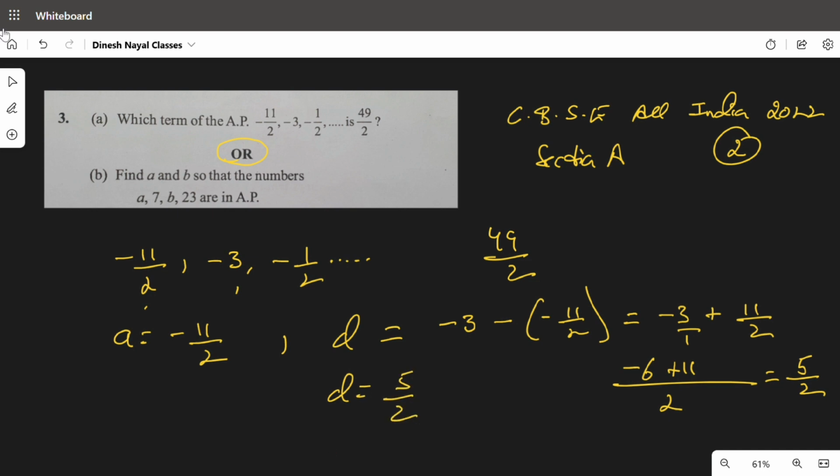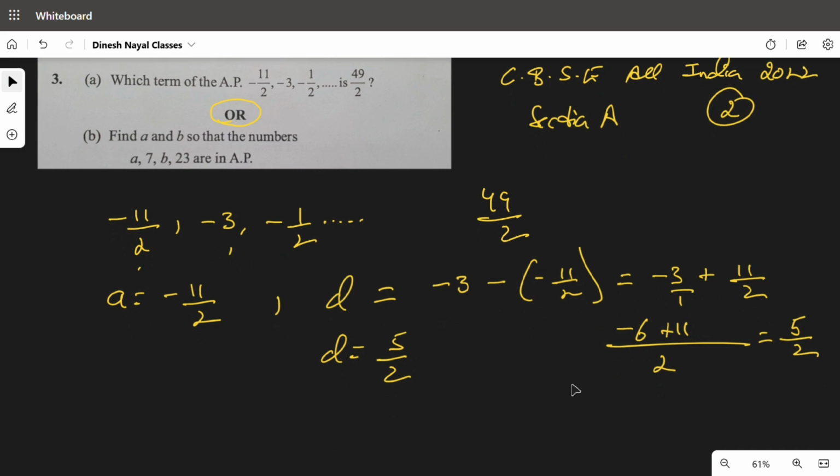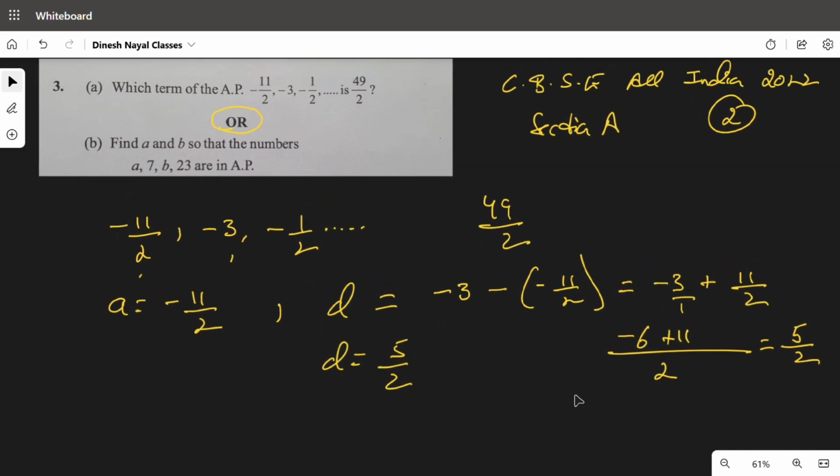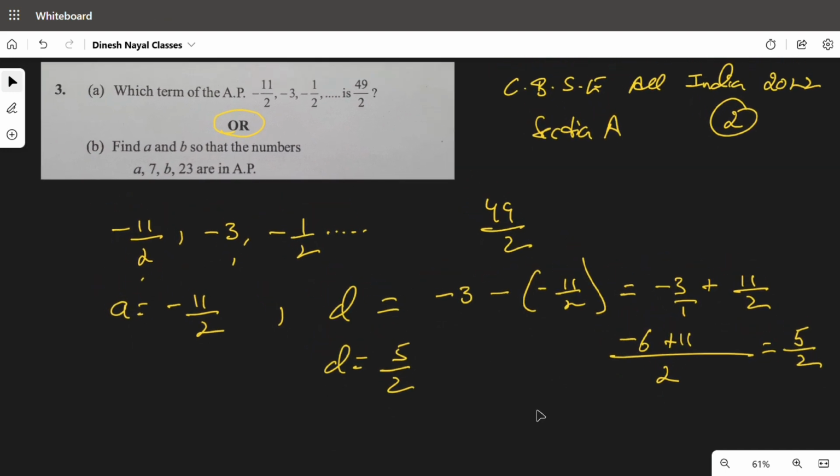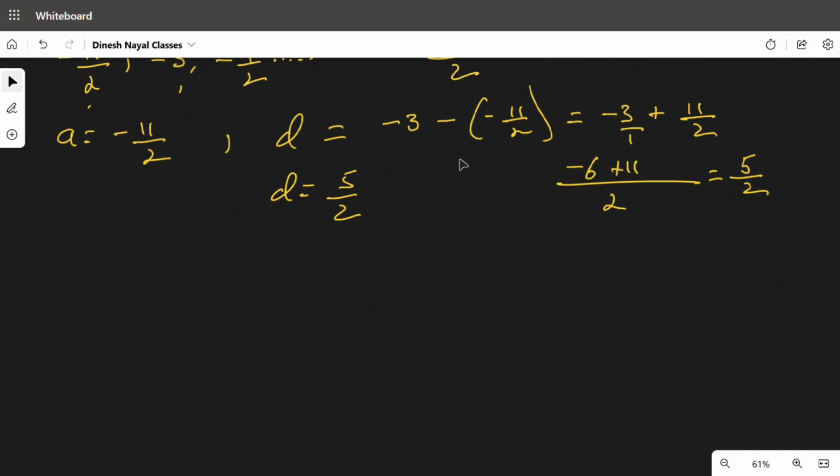Now they are asking which term of the AP. Term means you have to find the value of n. We know that the formula for the nth term is an equals a plus n minus 1 into d. Here an is the nth term, a is the first term, n is what we have to find, and d is the common difference.